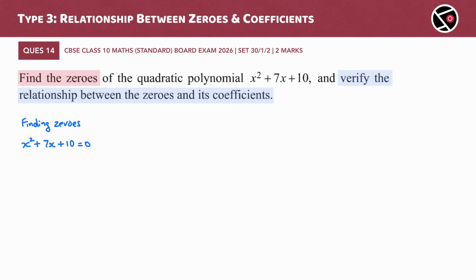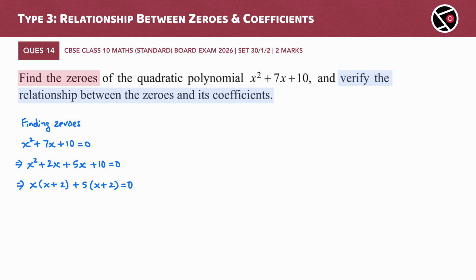To factor, we rewrite this expression as x square plus 2x plus 5x plus 10 equals 0. X is common in the first two terms, and 5 is common in the last two terms. So we have x times (x plus 2) plus 5 times (x plus 2) equals 0.